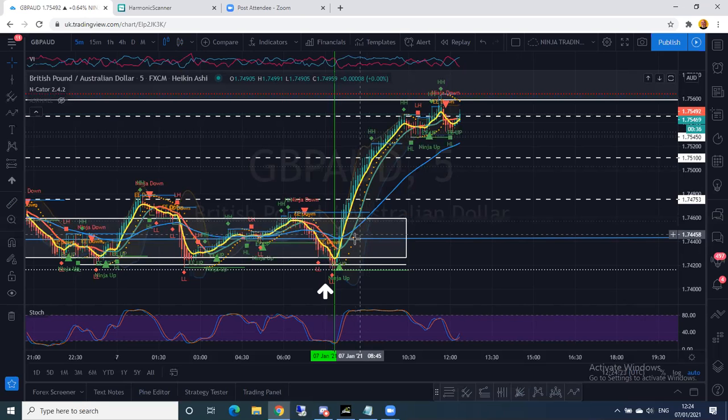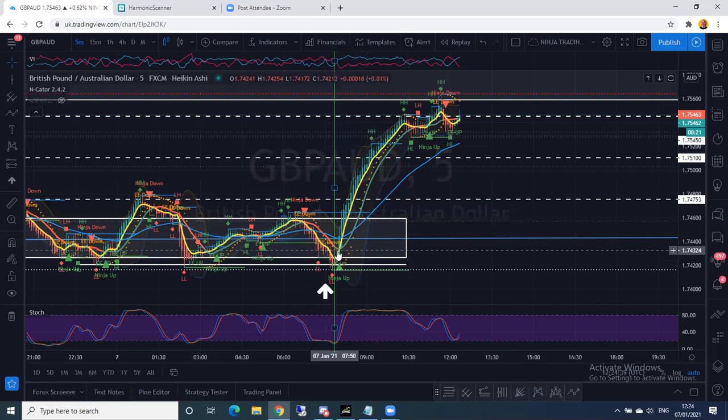But for scalping purposes, you may want to just go in and grab, even though we've just had over 100 pips move on this, you may only want to grab whatever your target is for the day, 10, 20, 30, 40, 50, whatever it is.